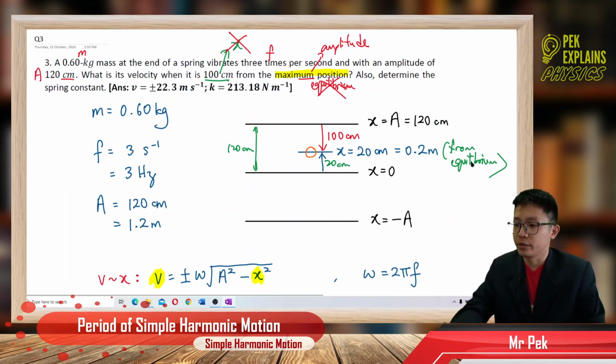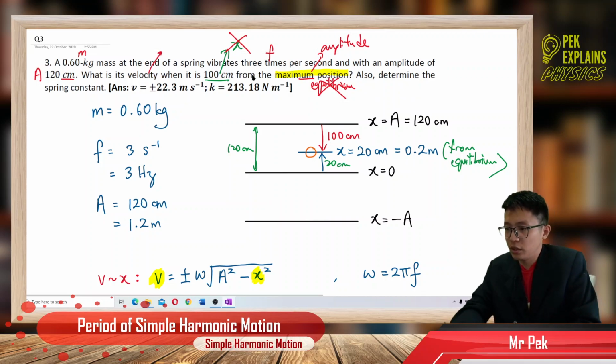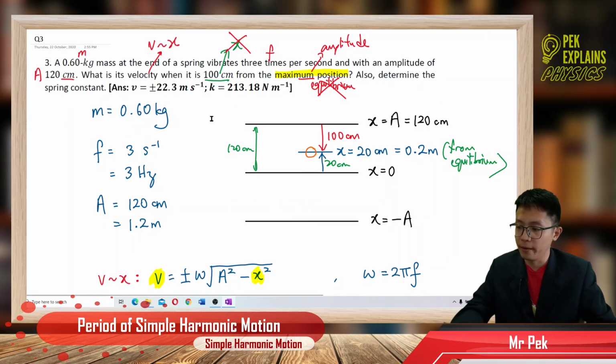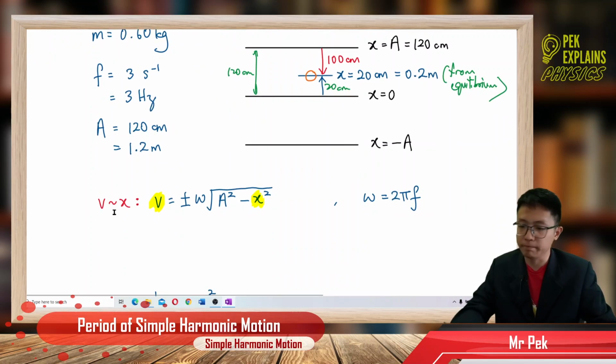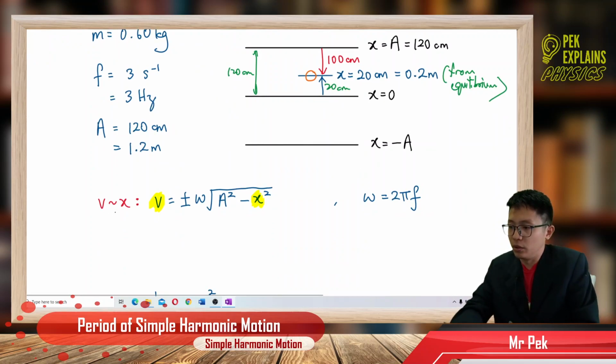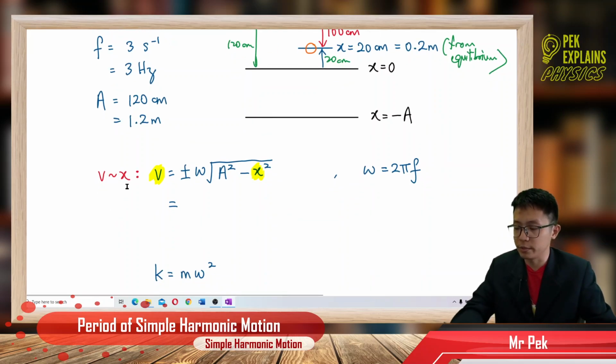Okay, so no matter what, we already found the x. To find the velocity with a given position, we need to use the velocity versus displacement formula, which is positive negative omega square root of a square minus x square.